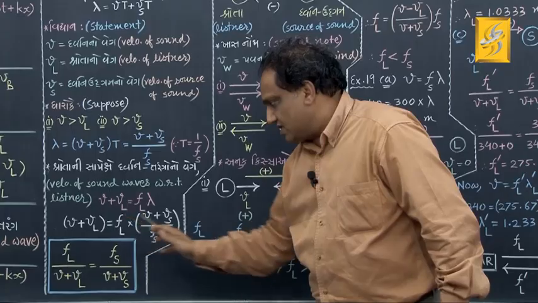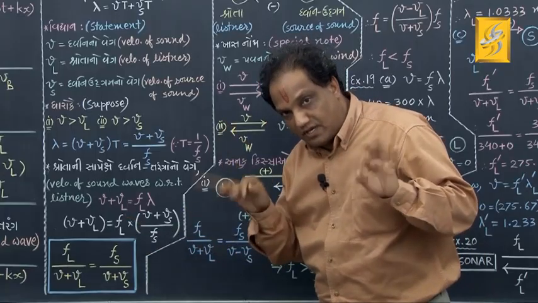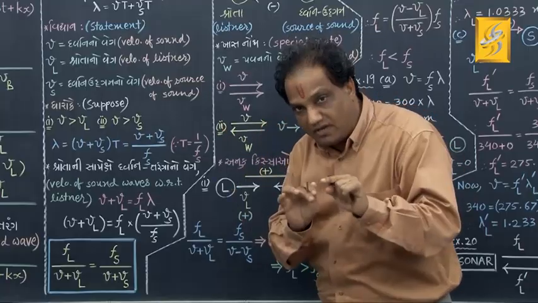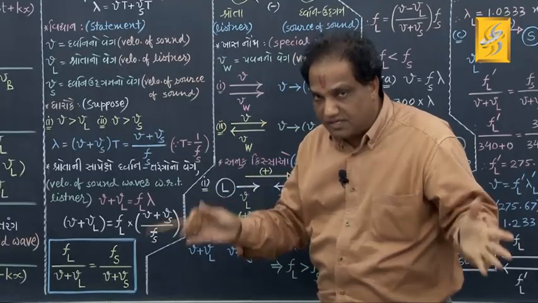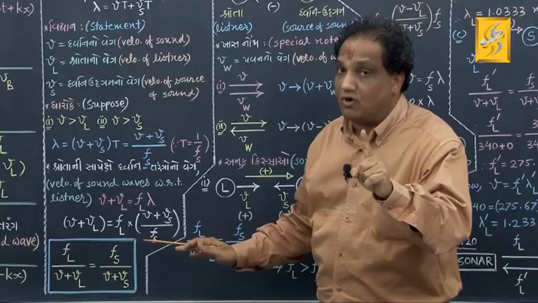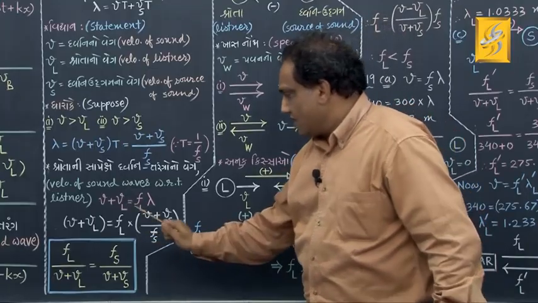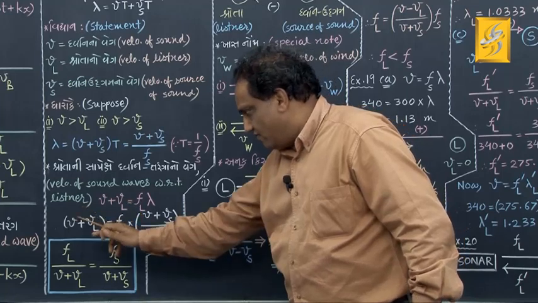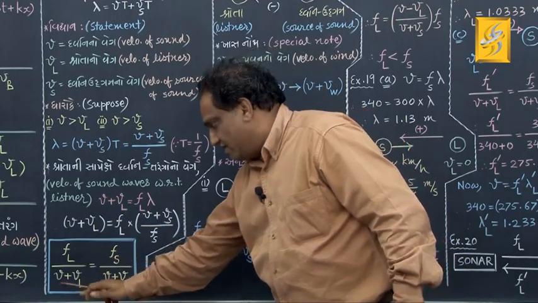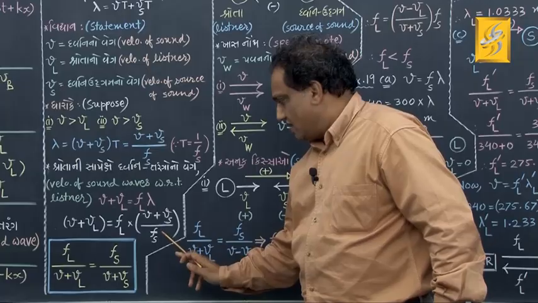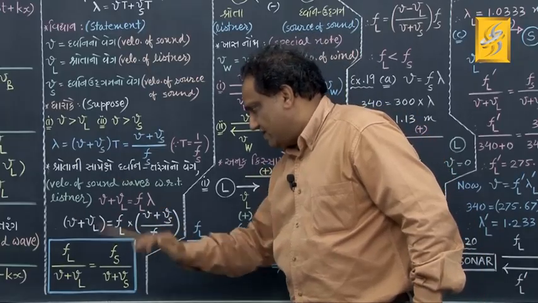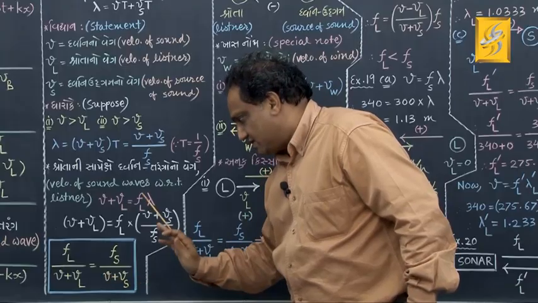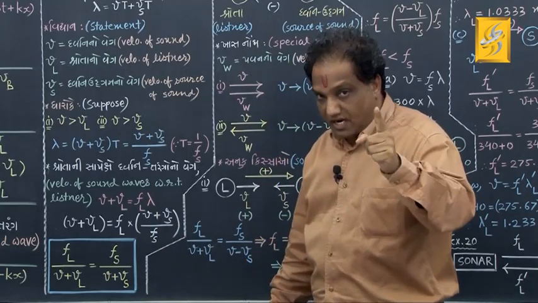Okay. Just rearrange the terms again, and you will have one very good formula which you can remember very easily. Just rearrange the terms the way I am showing you. Look, FL upon V plus VL you can write equal to Fs upon V plus Vs. You can just pick it very easily now.